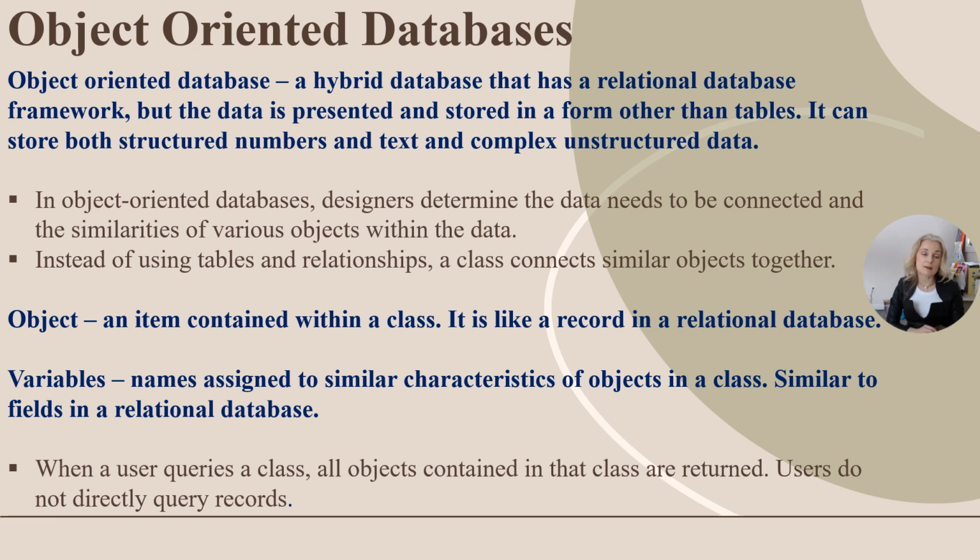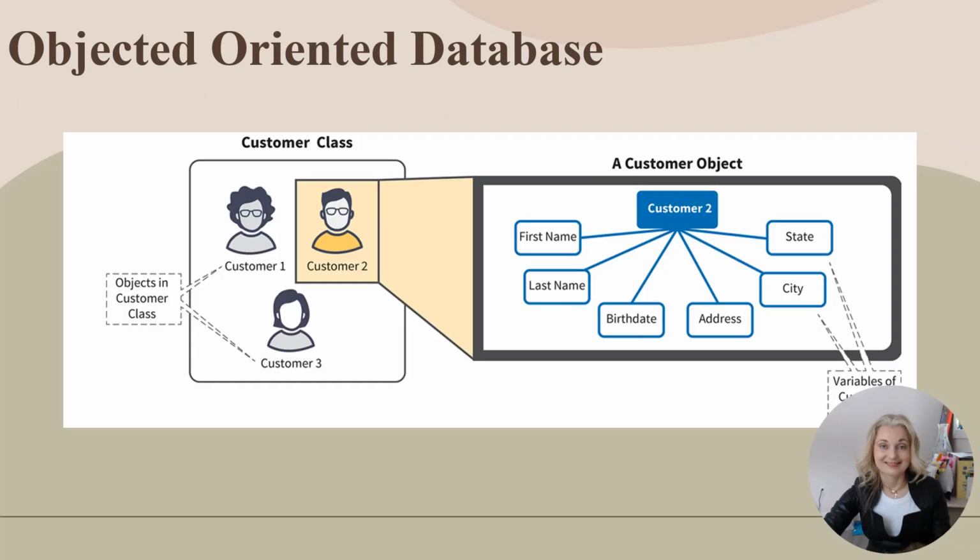And then we also have variables, which are names assigned to similar characteristics of objects in a class. And this is similar to fields in a relational database. And when a user queries a class, all objects contained within the class are returned, and users won't directly query records. So here we have an example.